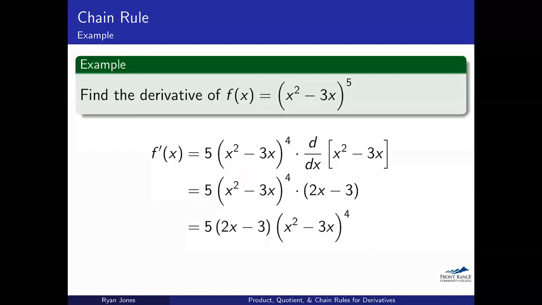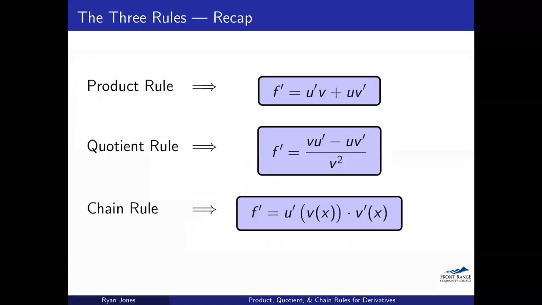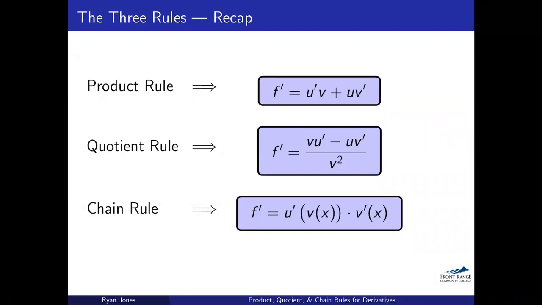Awesome. So that's pretty much it in terms of lecturing. Just a quick recap of these 3 rules. We've got the product rule, which says that the derivative of my function, and let's be clear here as well, our function f of x equals u times v.